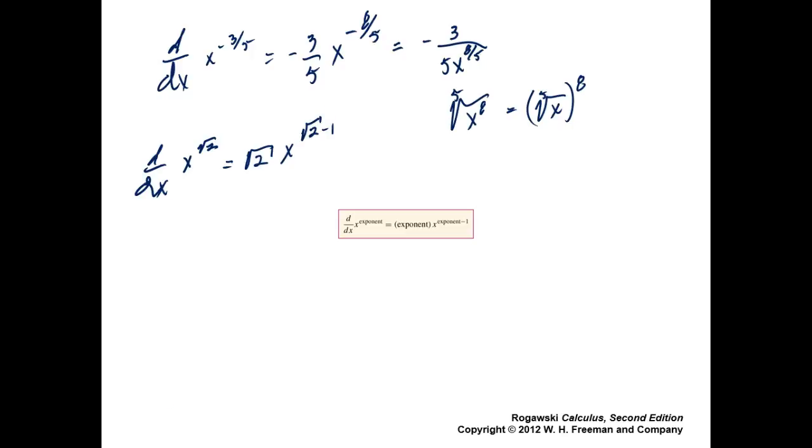As you notice, I'm not the neatest person in the world. So be careful when you write this that you close off your radical. That's why I dropped the little line here. This square root of 2 does not encompass the x. It ends right there. The square root symbol is just over 2. And up here, it doesn't include the minus 1. It ends at the 2, then subtract 1 from it. Okay?